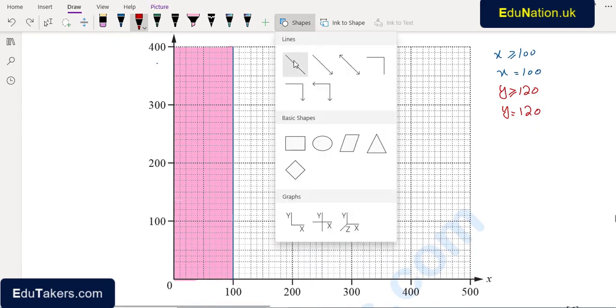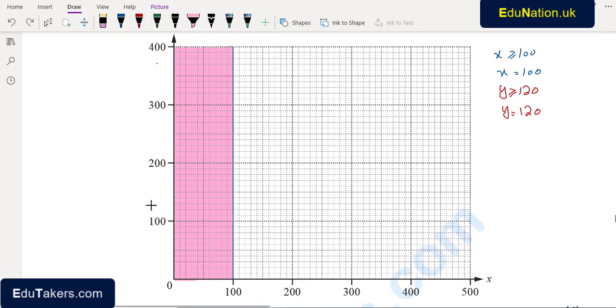This will be a straight horizontal line passing through 120. And y is greater than or equal to 120, so the unwanted region is below this line.